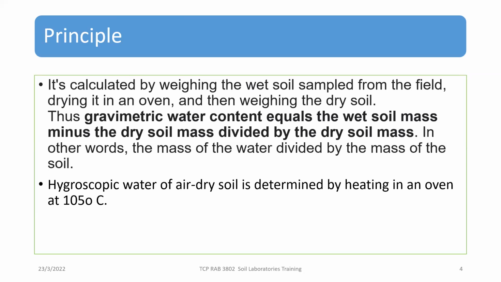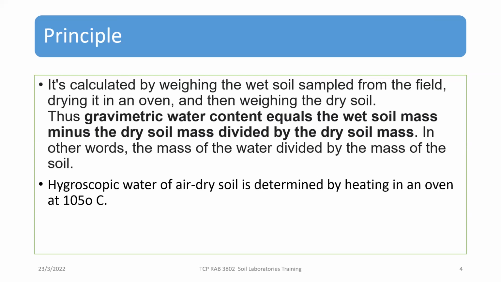So you just take the weight of wet soil, then subtract the weight of dry soil, and the difference will give you the gravimetric water content of the soil. Then after dividing this by the dry weight, you can get the soil moisture content.